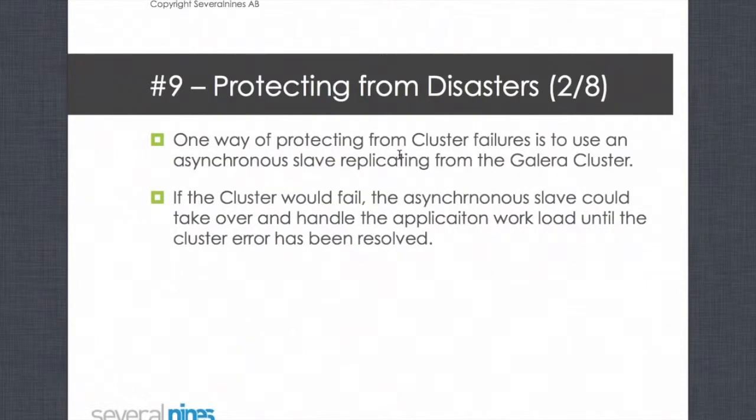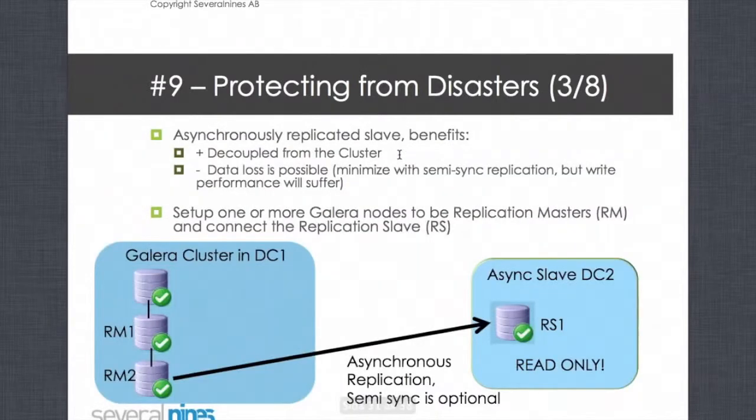One way then is to add an asynchronous slave to the Galera cluster. If the cluster would fail, you could fail over to this asynchronous slave instead, and it could then handle application work until the cluster has been recovered. There are a couple of benefits here, and one of them is that the asynchronously replicated slave is completely decoupled from the cluster.